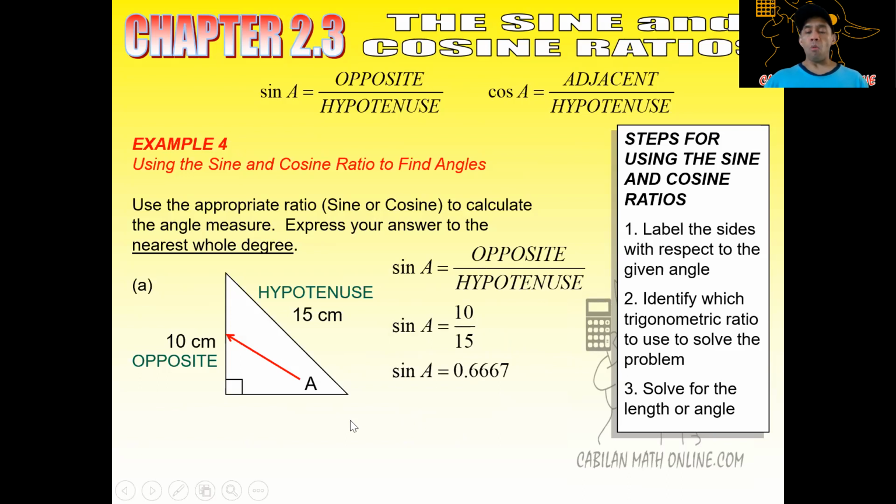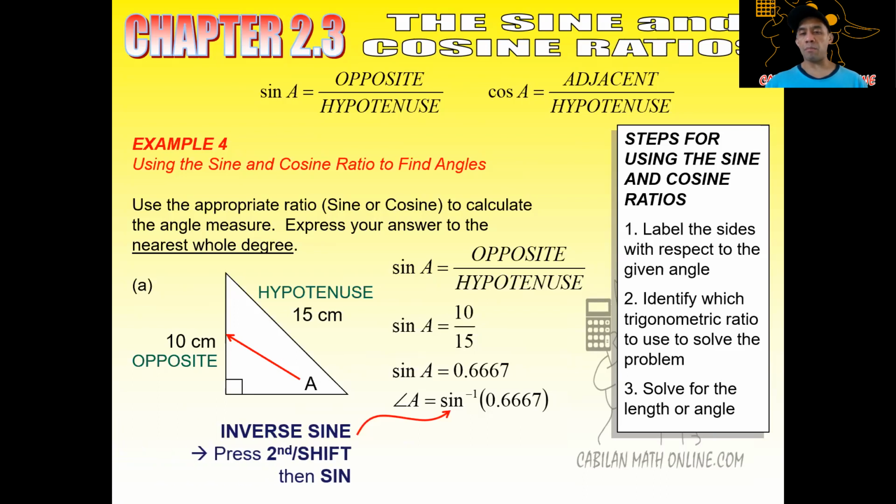What you can do next is take what's called the inverse sine. The way you do that is to take the second function, press the sine key, and then put in the 0.6667 in your calculator. That will give you an accurate answer, good enough for what we need here.